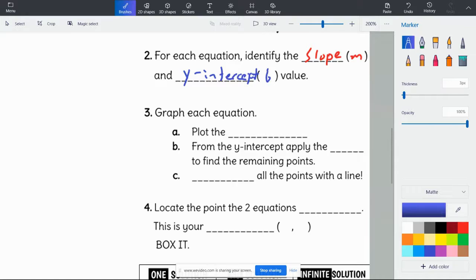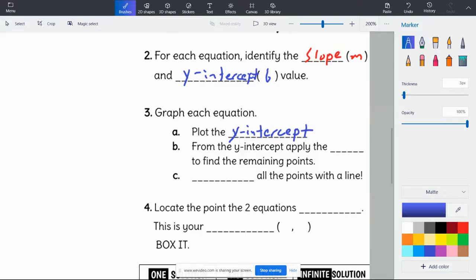The next thing you're going to do is graph each equation. You guys have all done this before. You've graphed lines from slope-intercept form. The first thing you do is plot the y-intercept, which remember you do by just going on the y-axis to wherever that number is.